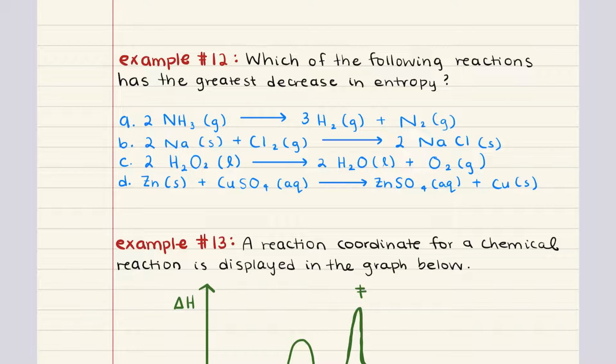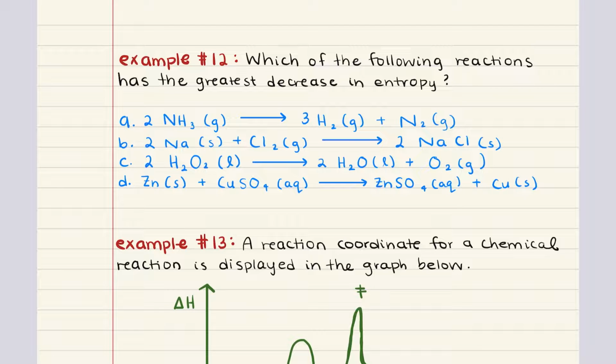When a reaction produces fewer moles of gas or fewer gas molecules, or even moves from gas to liquid to solid, then there's a decrease in entropy. Now let's look at the reactions we're given and work through each one to see which reaction has the greatest decrease in entropy.